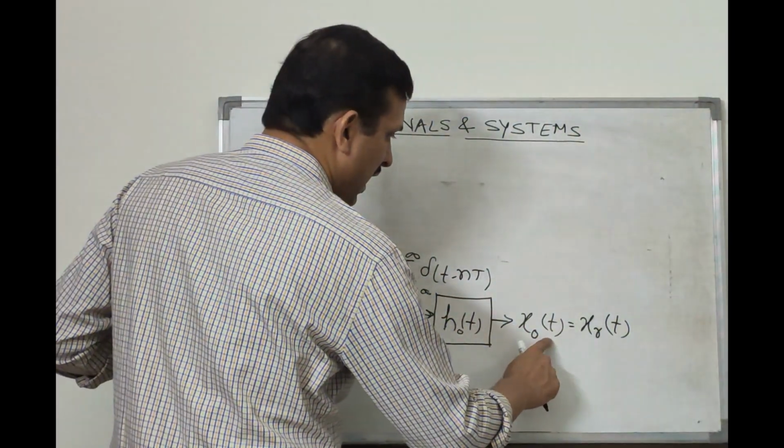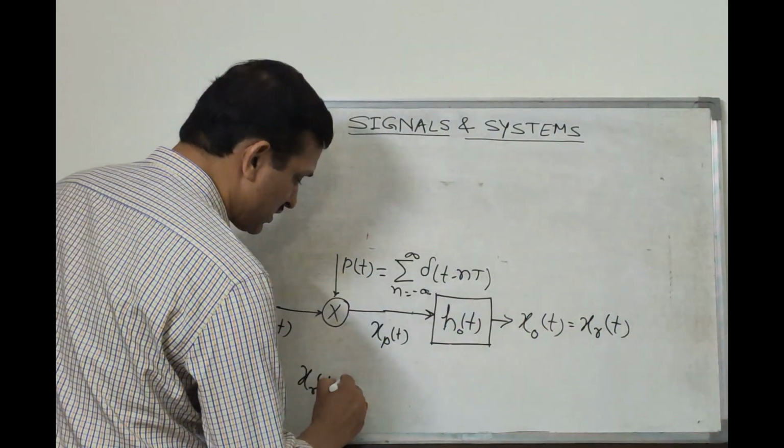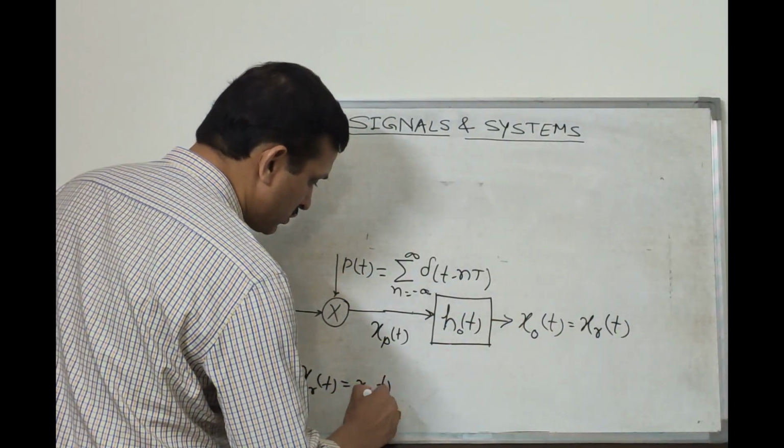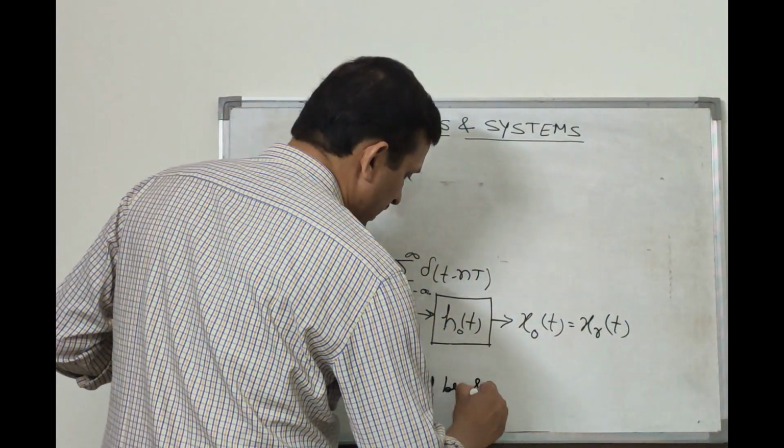In fact, this x0(t), that is xr(t), will be a staircase approximation.